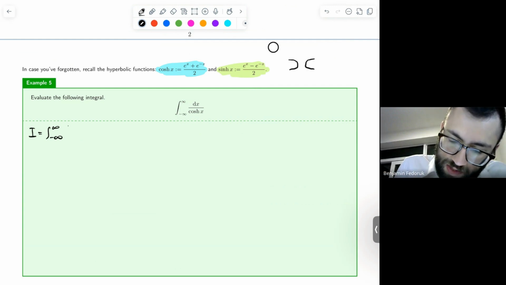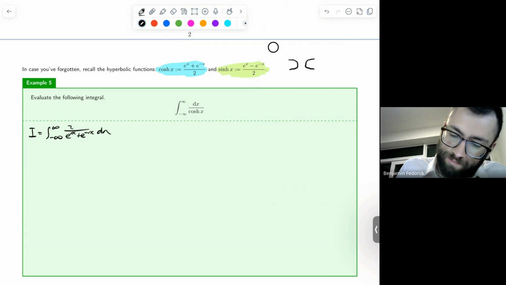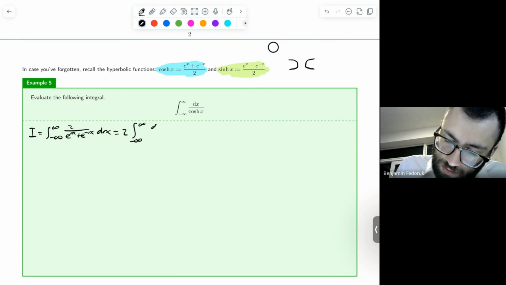So I do 1 over cosh, that's going to be 2 over e to the x plus e to the negative x dx. And I can bring the 2 outside, which would be nice for us to do. So e to the x plus e to the negative x, like that. And I'm going to do a u sub. Let's let u equal e to the x.